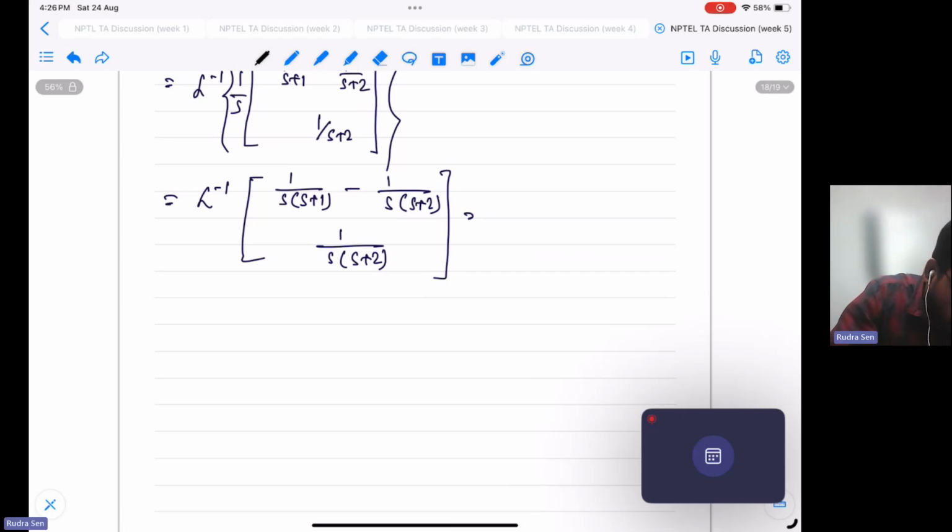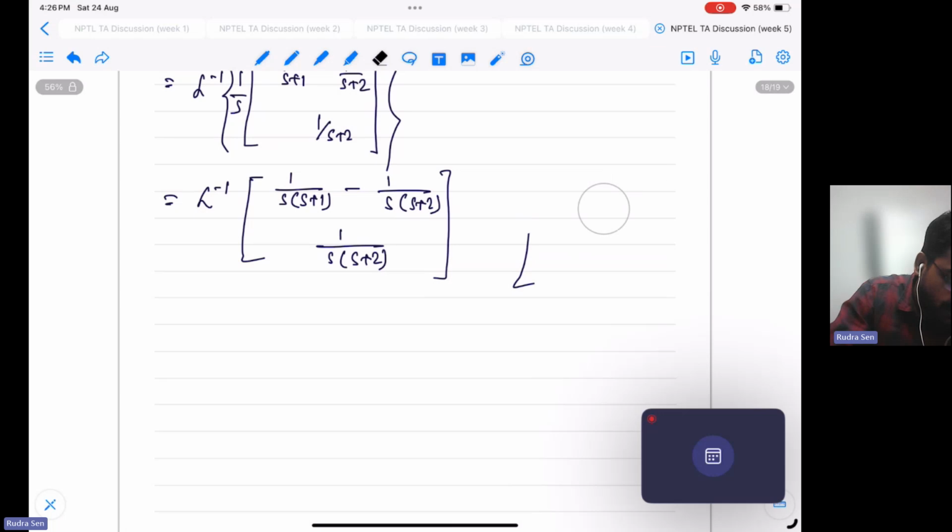We can do this. This is Laplace inverse of 1 by s minus 1 by s plus 1, minus, I have to find out half into 1 by s.